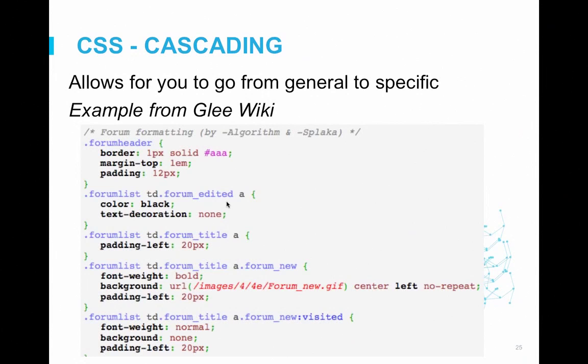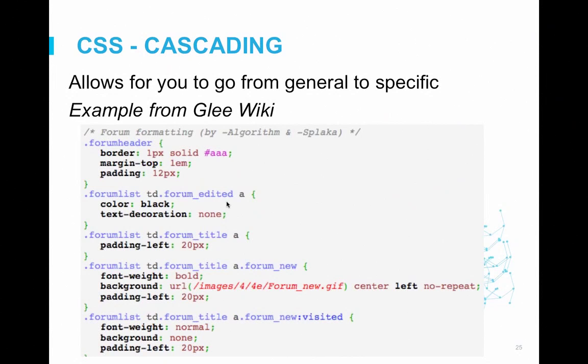So an important property of CSS, and hence its name, is cascading. What that means is CSS styles are applied in sequence, and you can apply more than one style to one element, like we see in this example here.